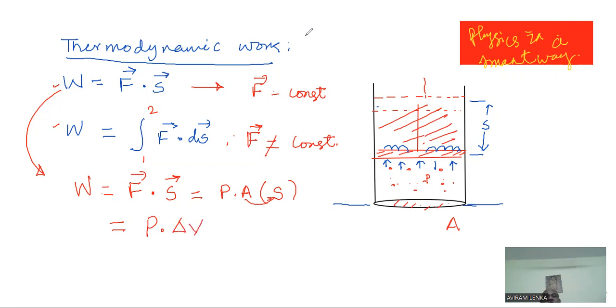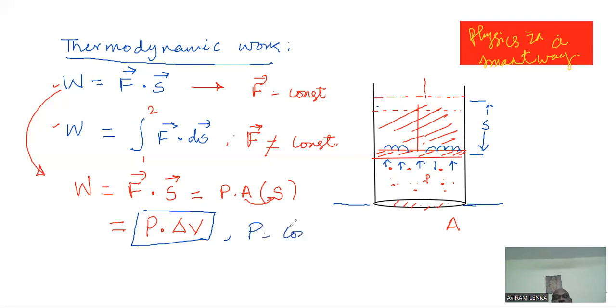So we get the formula of work which is more suitable for thermodynamics, that is P into delta V. Vectors usually do not work so well in thermodynamics, so we are coming down to the scalar level. But this formula is correct only if the pressure is constant, for a constant pressure process.